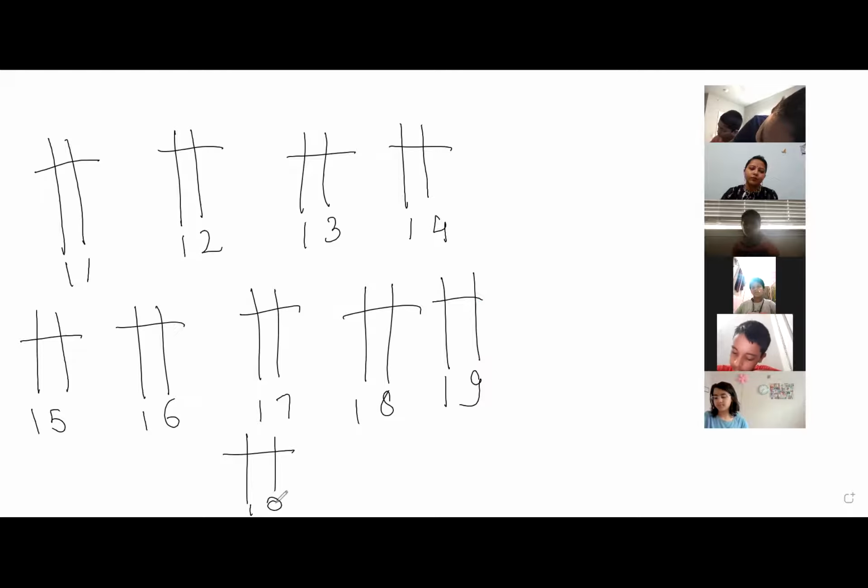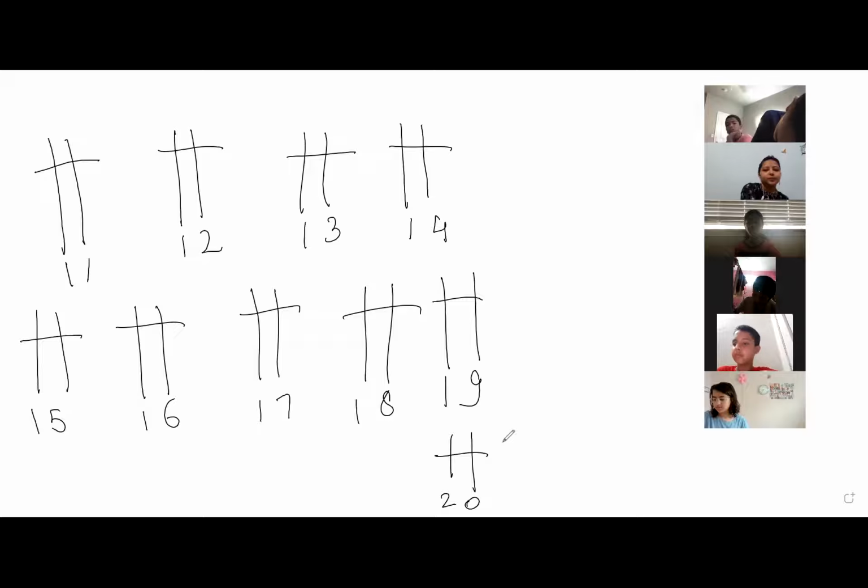Okay, let me erase it and this. Draw all the beads. Very good. And try to do it fast. Ma'am, done. Very good, Vedesh.